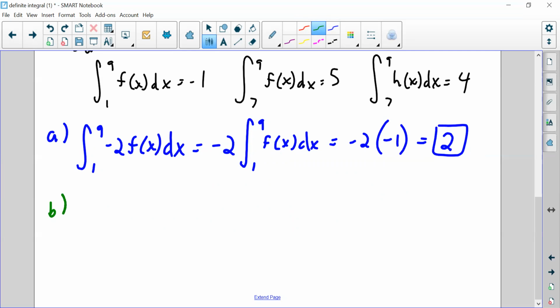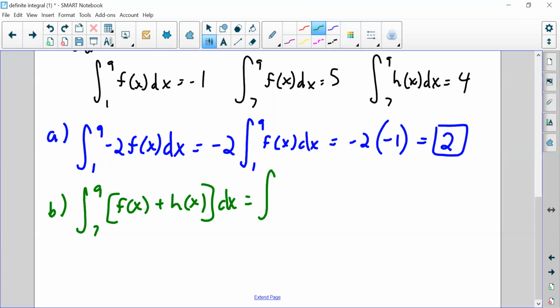How about, I want to find the integral from 7 to 9 of f of x plus h of x. How would I set that up? I have to take the integral from 7 to 9 of my f of x function and add that to the integral from 7 to 9 of my h of x function.